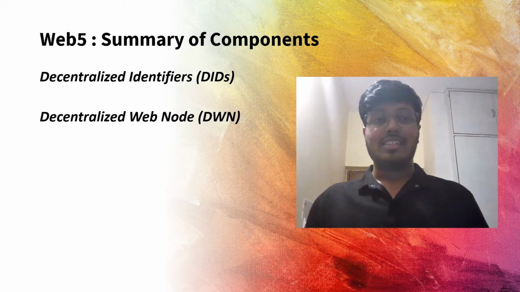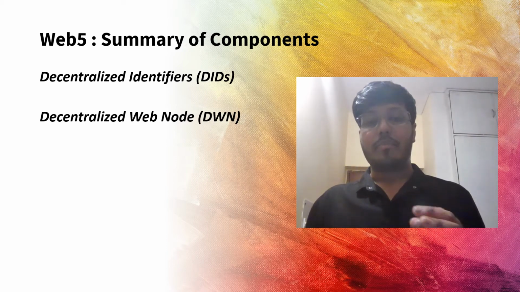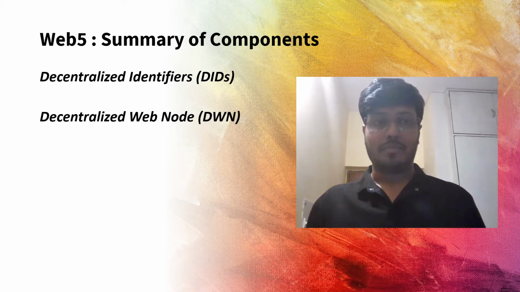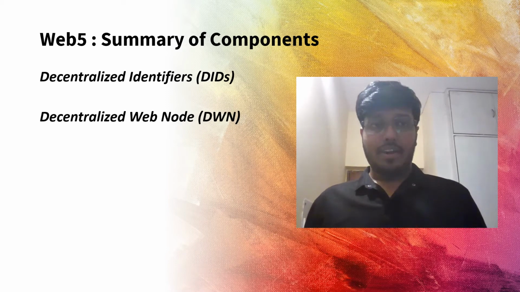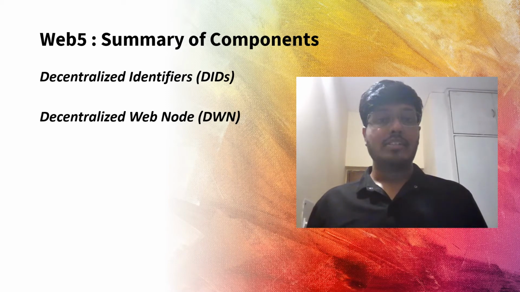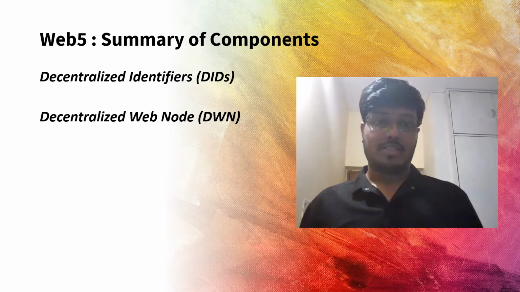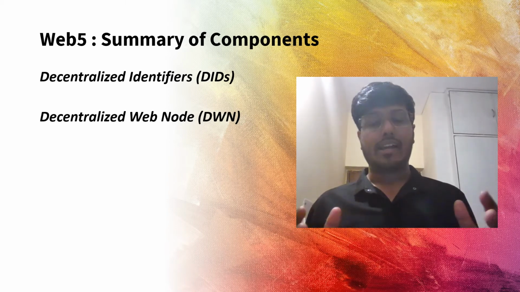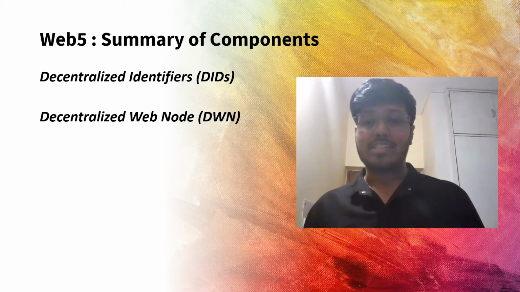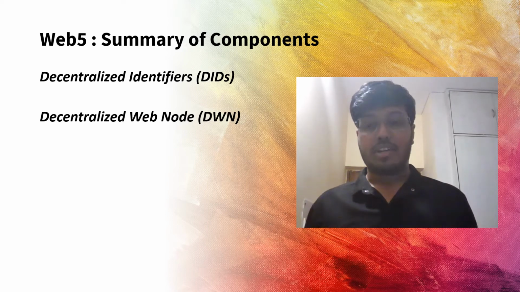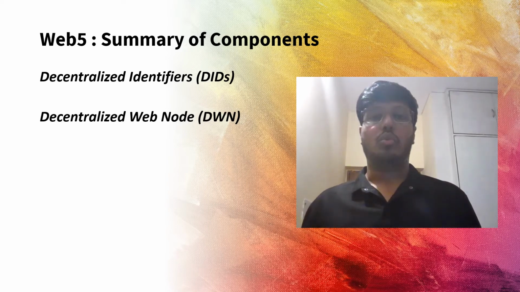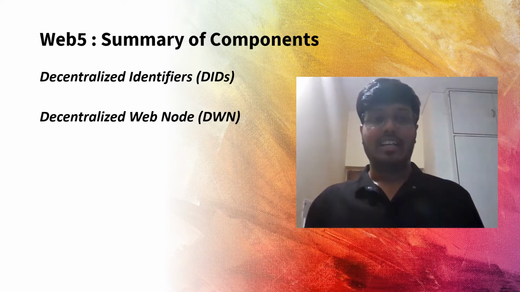The second is Decentralized Web Node, DWN. Web5's DWN is a reference implementation of a draft specification. It's a mechanism for data storage and message transmission that participants can use to locate data linked to a given DID.